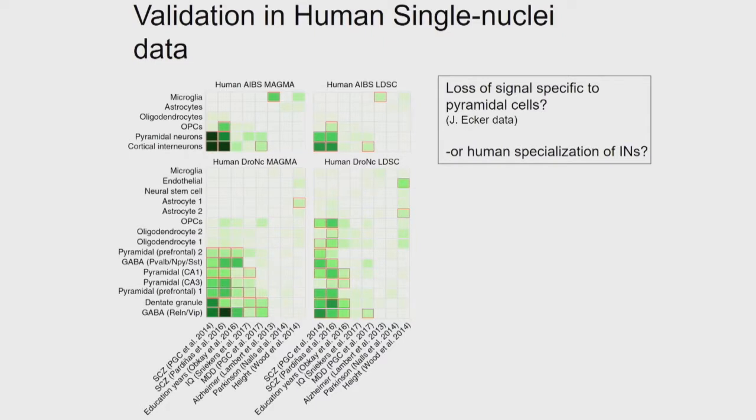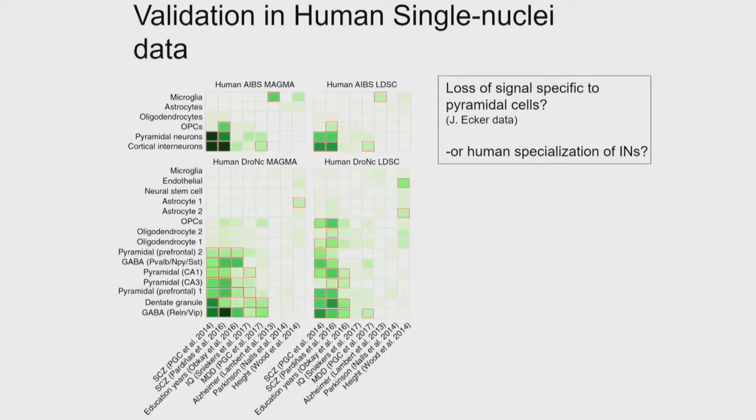The big difference, I think, is that we see a much higher signal in the GABAergic interneurons than we did in the mouse data. We don't know whether this means that there's a loss of signal specific to pyramidal cells due to our selective depletion of mRNA species, or whether this represents a human specialization of GABAergic interneurons that is highly relevant for disorders. We don't know yet, but data from Joe Ecker kind of suggests it might be due to the loss of signal.